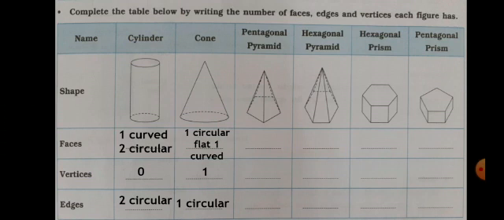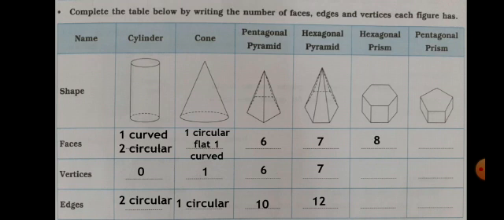Next is pentagonal pyramid. It has 6 faces, 6 vertices and 10 edges. Hexagonal pyramid. It has 7 faces, 7 vertices and 12 edges. Hexagonal prism.